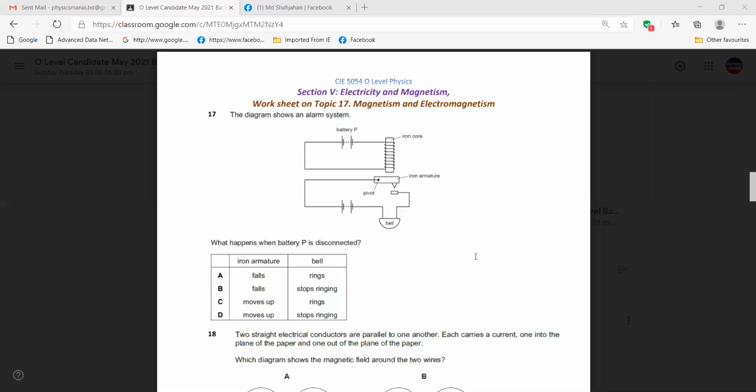So it's the idea of a temporary magnet. That's it. Sir, is it A? Iron armature falls, bell rings. Yes, correct.